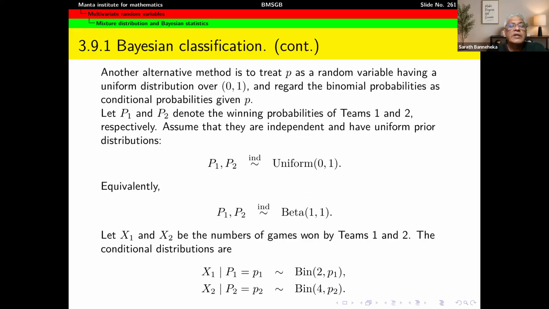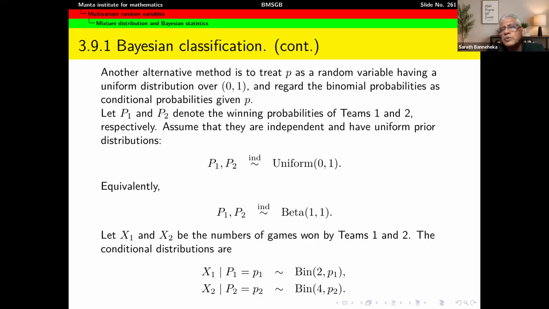So now we are going to look at another approach that is discussed by the book in chapter 3, kind of a Bayesian approach. This is where we are going to assume something about that unknown probability P1 and P2. Right? Instead of just considering them as two unknown constants, what we are going to assume is that they have some distribution.